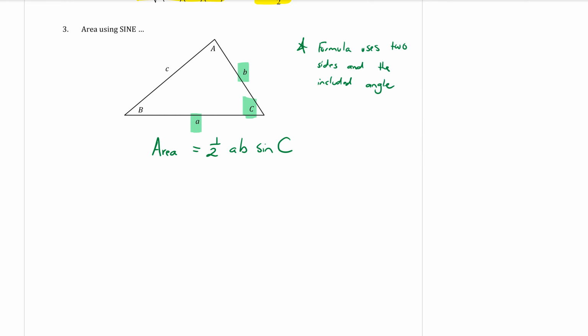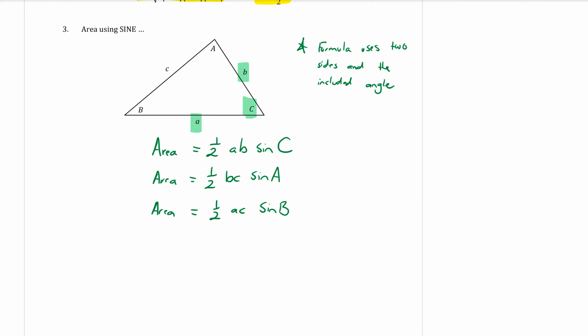Now we could write that formula in different ways. It can be used for any two sides and the included angle, which means I could adjust that to be area equals half BC sine capital A, or area equals half AC sine capital B. It doesn't matter as long as you have got two sides and the included angle being used for your sine at the end there.